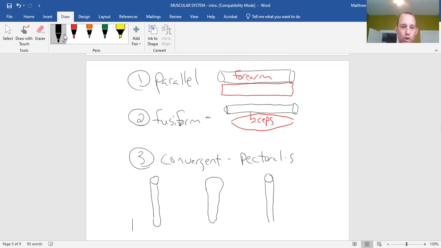And when we look at convergent, the muscle on each side starts on a broad surface, so it's coming down your sternum, and it converges over where it attaches at the head of the humerus. And so then all of the muscle bundles running within that all converge down to a point, convergent, converging down from a broad surface to a narrow point.